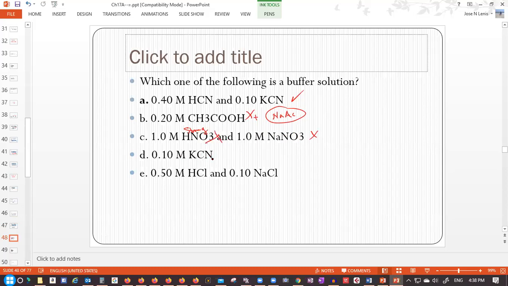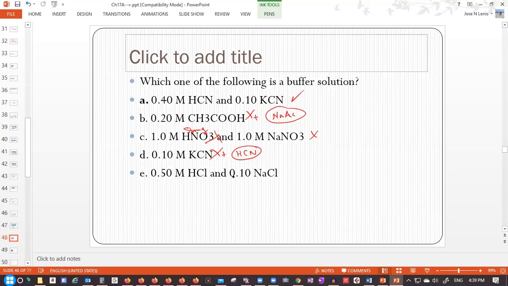What about this? It's a salt containing a conjugate base. No, something is missing. It's missing the acid of this conjugate base. Which one is this? We just learned it here, the same one: hydrocyanic acid. So now, this one is missing. What about this one?